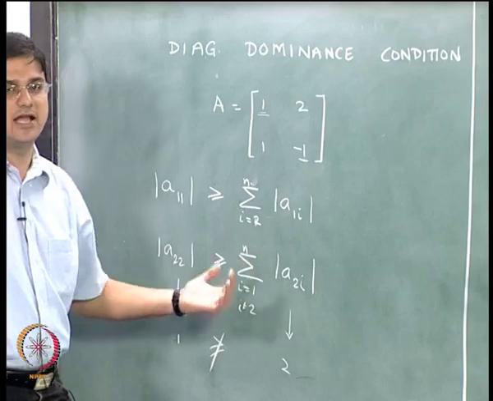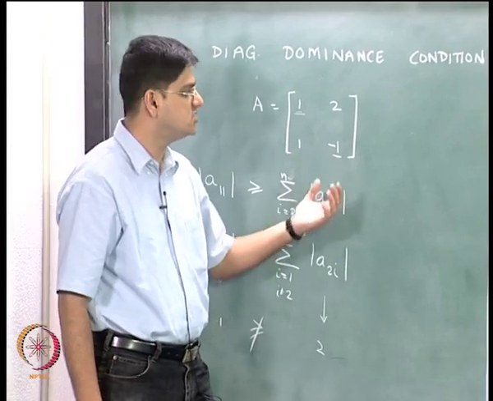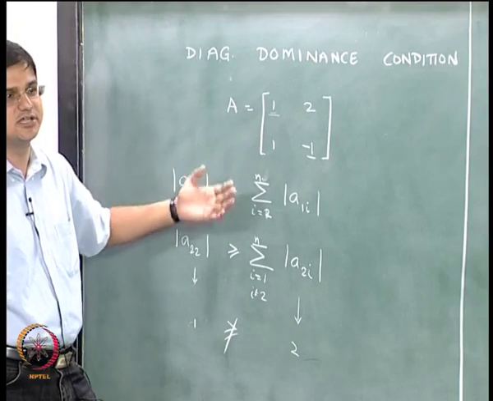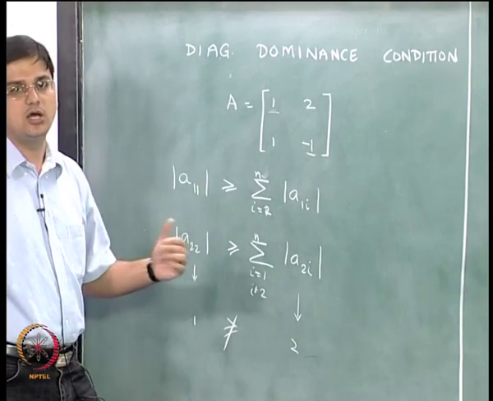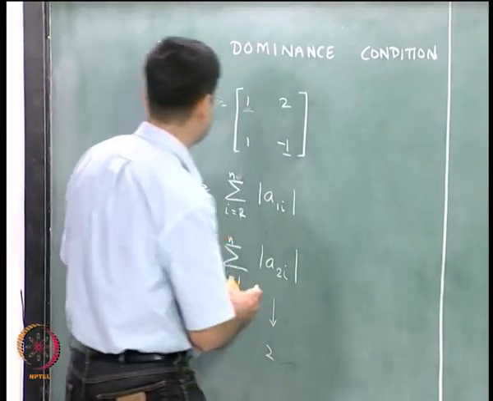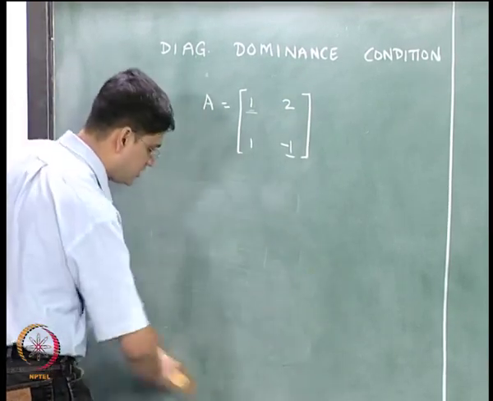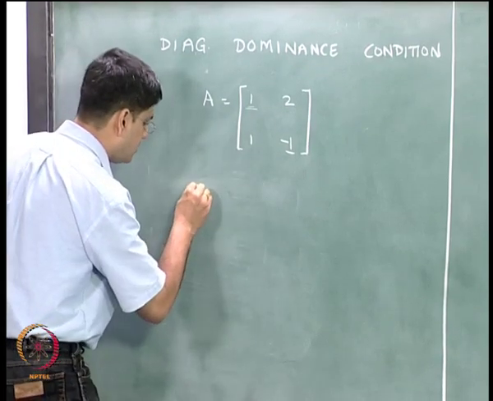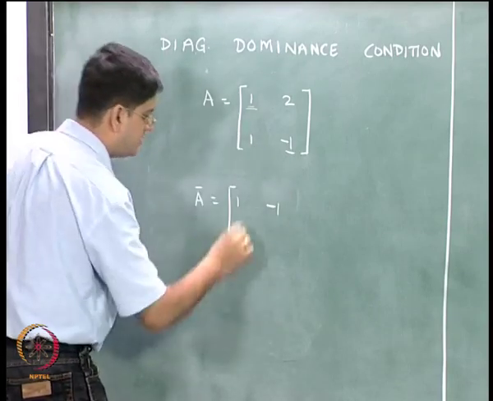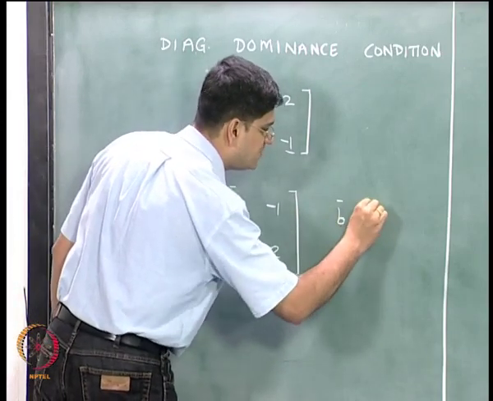In the case where the diagonal dominance condition is not met, we cannot guarantee the stability of the Gauss-Seidel iteration. So as we increase the number of iterations, the Gauss-Seidel iteration may not converge to the true value. However, if the diagonal dominance condition is met, that means instead of writing the equation in this form, we have swapped the equations and written them in the form A bar is 1 minus 1, that is this row, and the second row is 1 2, and of course we have to change B bar also.